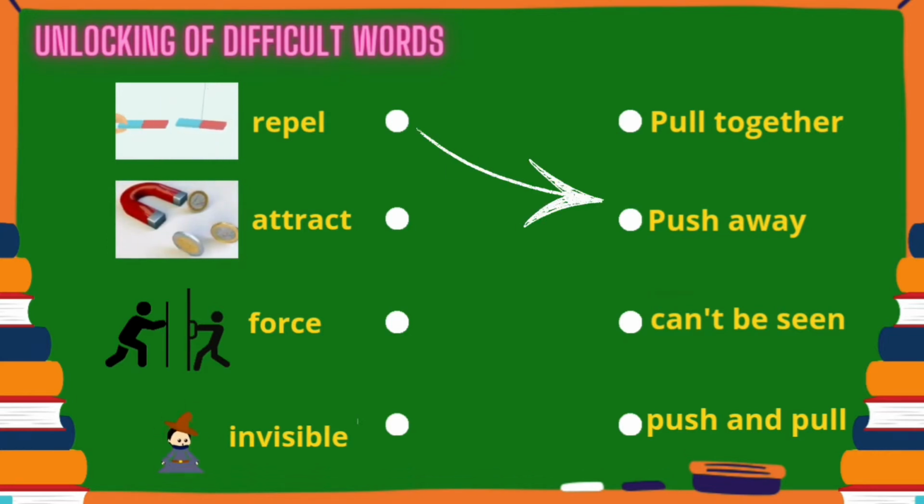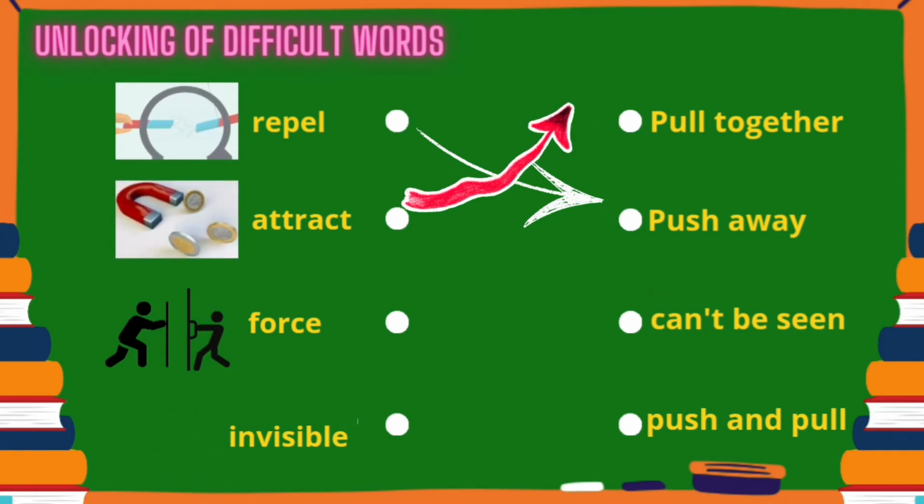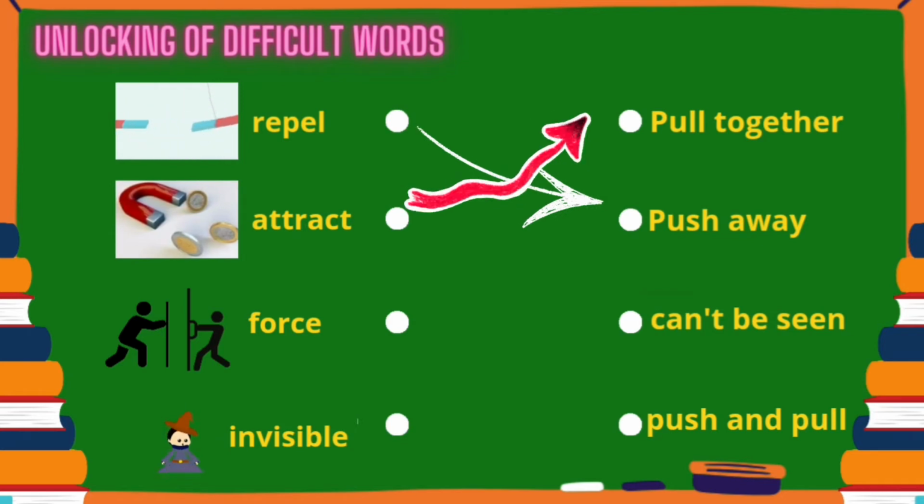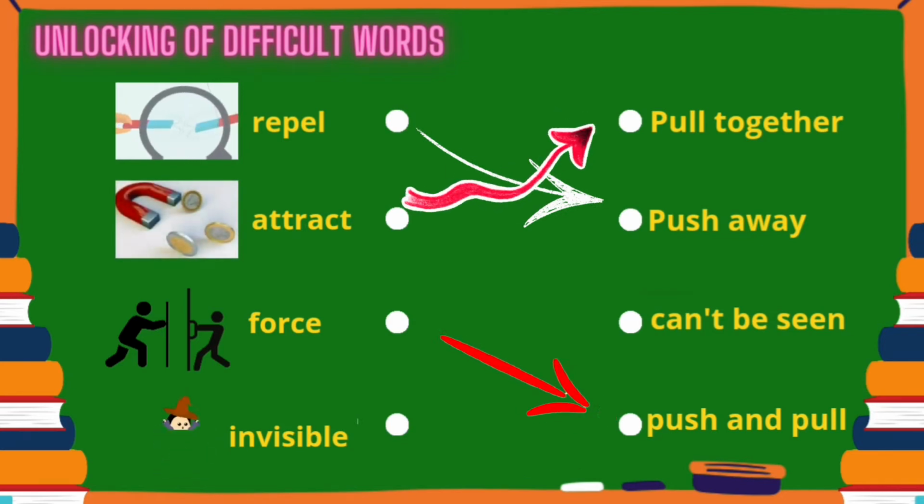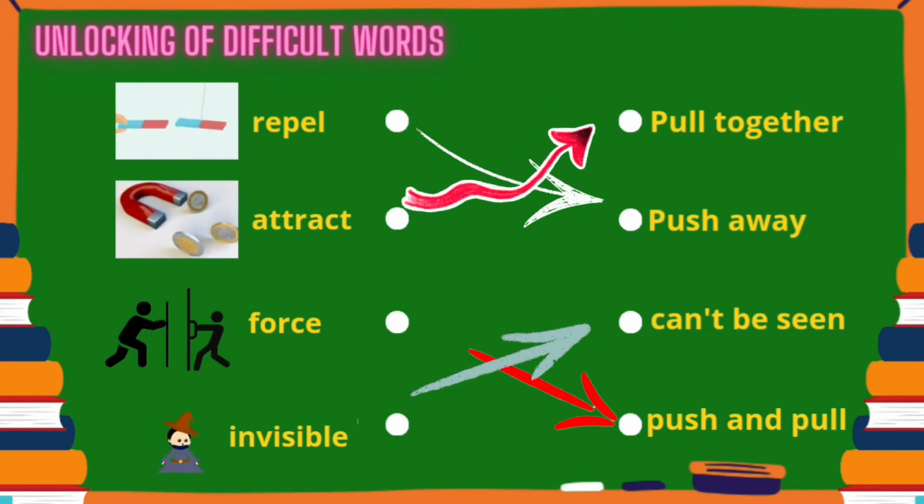How about the word attract? What does it mean? Right. It means pull together. Next, how about force? Very good. Force means push and pull, while invisible means can't be seen.